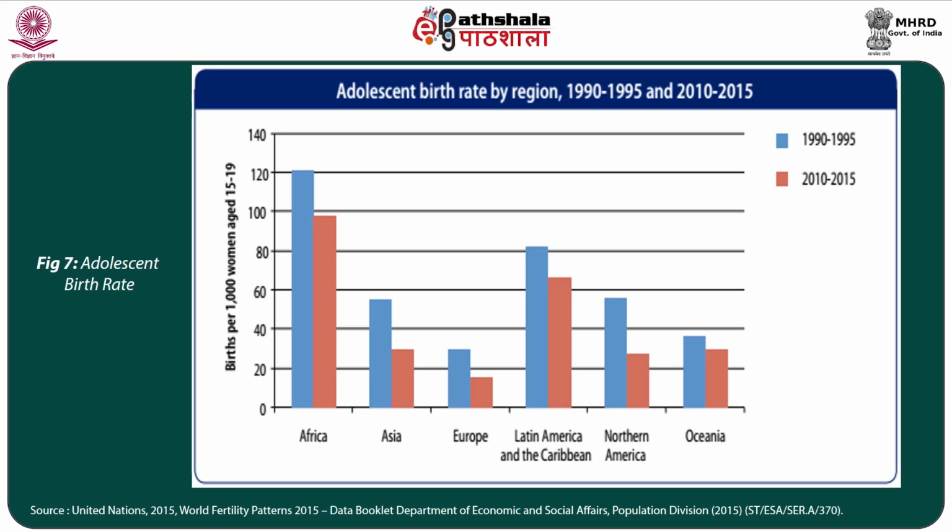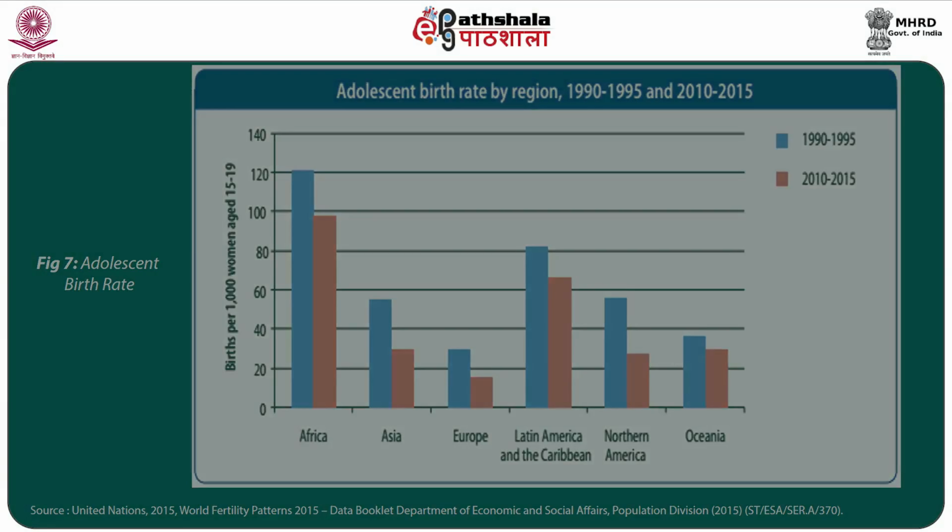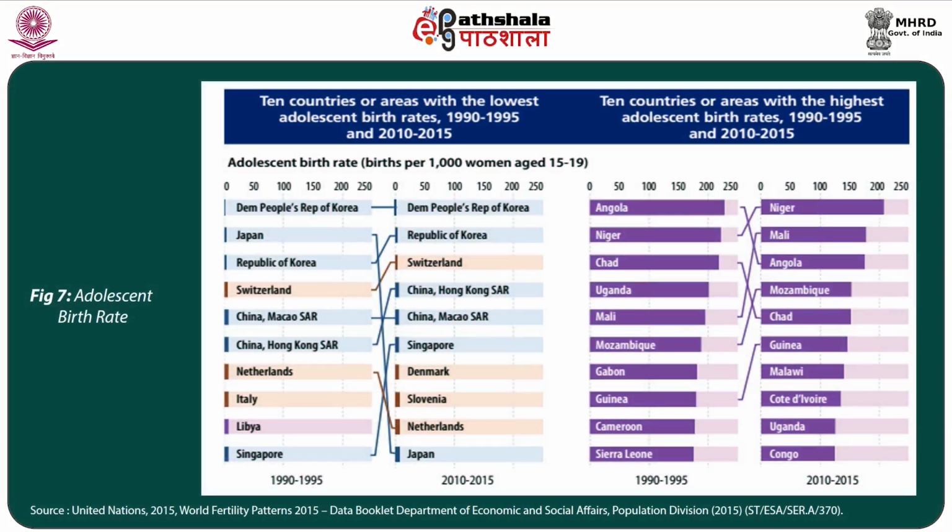There has been decline in adolescent fertility in most of the regions, and figure 7 gives the categories of 10 countries or areas with the lowest adolescent birth rate and the 10 countries with the highest adolescent birth rates during the time periods of 1995 and 2010 to 2015.